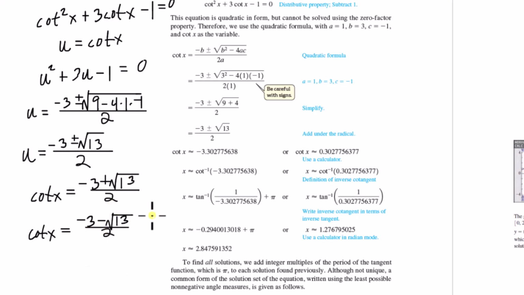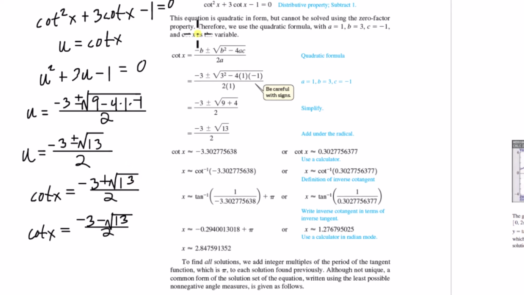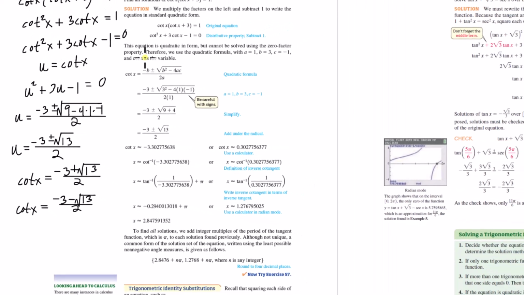Now here you could take the inverse of both sides, but it's not going to be something simple where you can use the 30, 60, 90, or 45, 45, 90 triangles. You'll have to use your calculator. Let's do one of these.